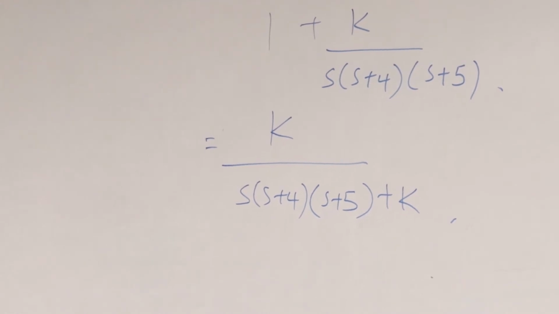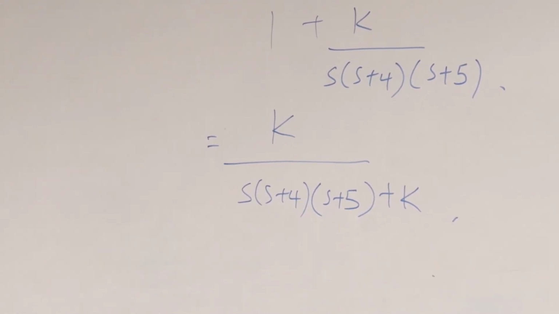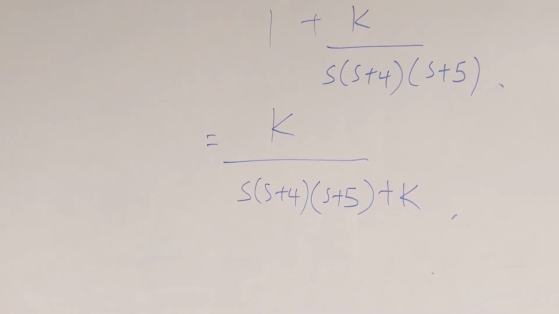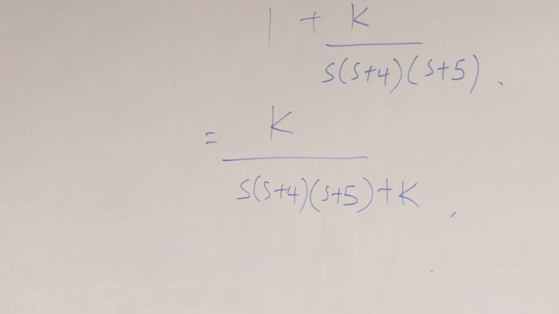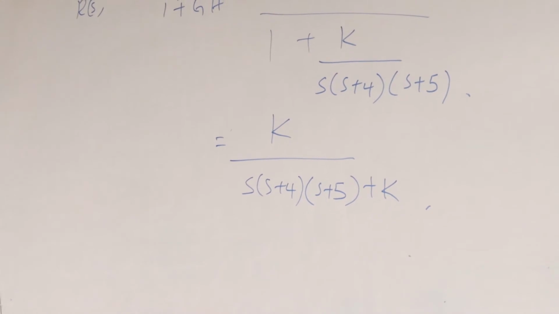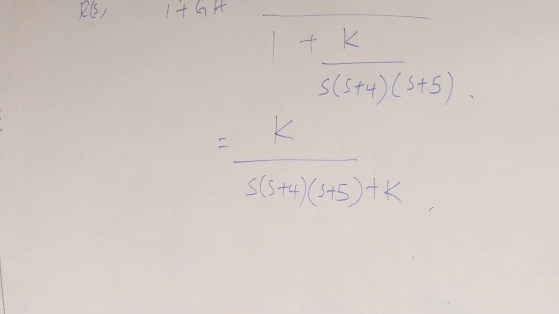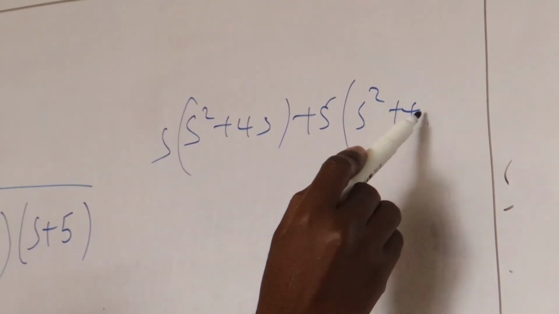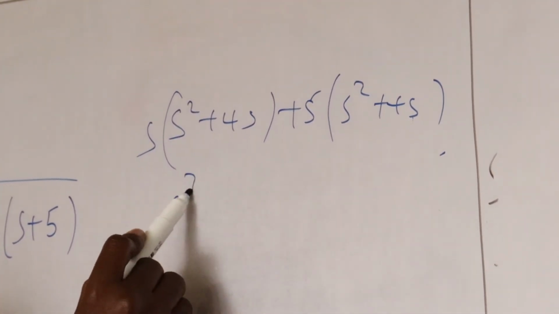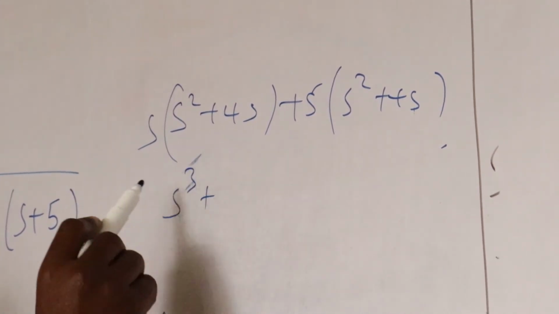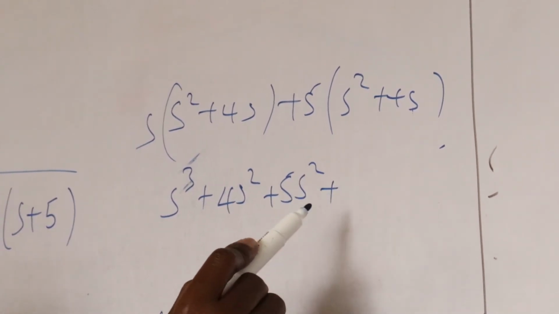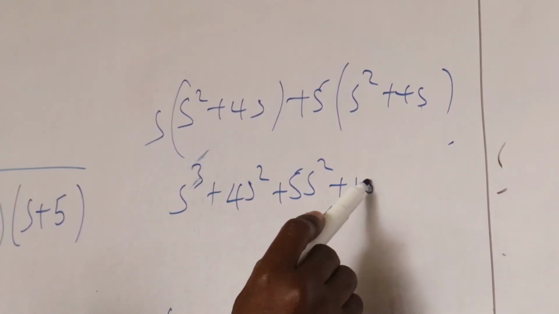Is that okay? Now you can expand to write it in the form of a polynomial equation. If we expand, you have S squared plus 4S, multiplied by S plus 5, so that you have S cubed plus 4S squared plus 5S squared plus 20S.